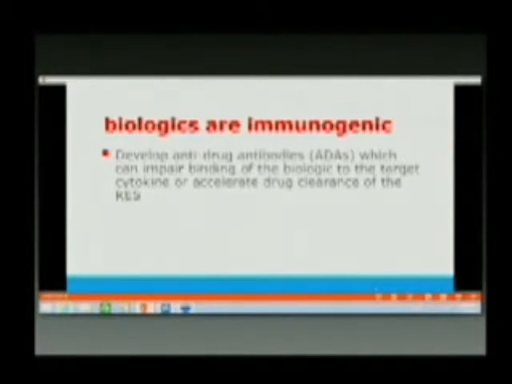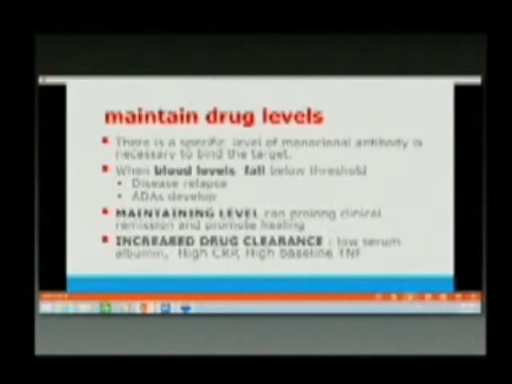What it means is you have a less potent agent. Okay, so it's important to maintain drug levels. Why? You need a specific level of monoclonal antibody to bind your target, either your TNF or your integrin.